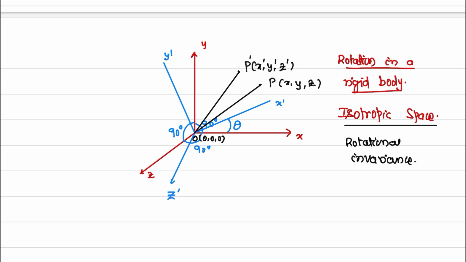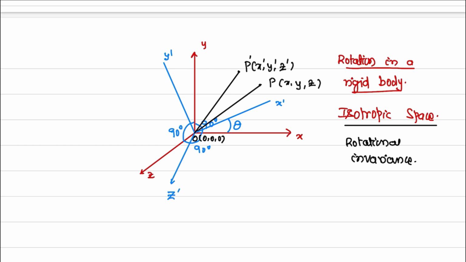Now, when this space is homogeneous and isotropic, that means this space has translational invariance and this space has rotational invariance. That means tilting of the angle on the axis is not going to make any difference as long as the orthogonality is maintained. That is rotational invariance in isotropic space.